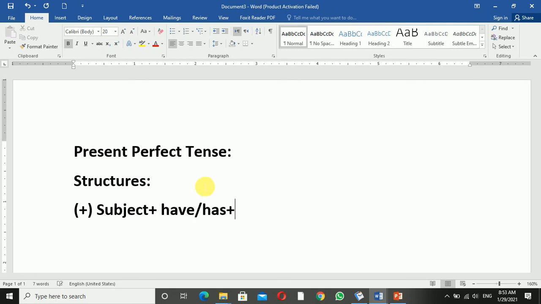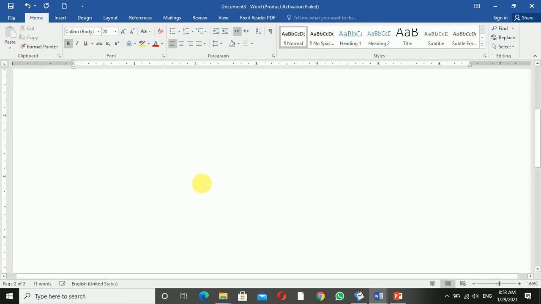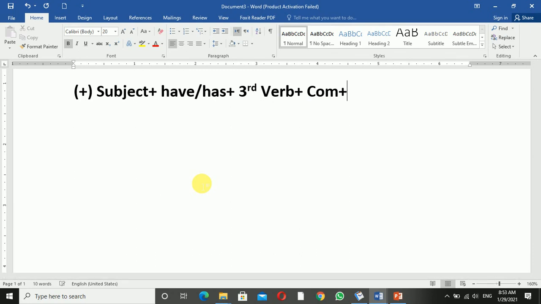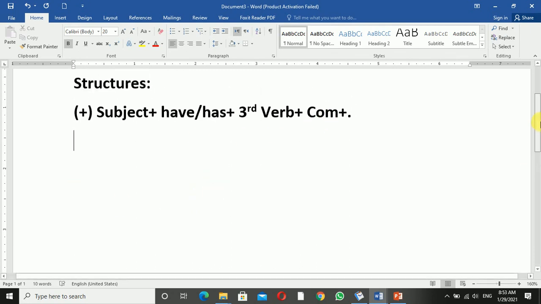These are the perfective auxiliaries, plus third form of the verb. What? Third form of the verb, or third verb. So plus complement and plus dot. Okay, dear students, this is the positive structure of present perfect tense.